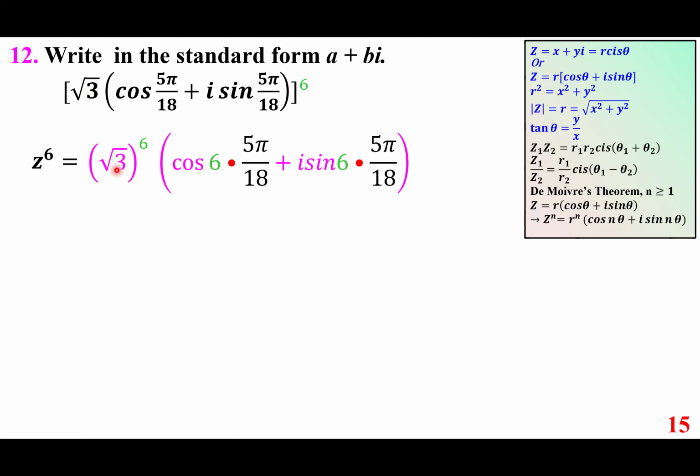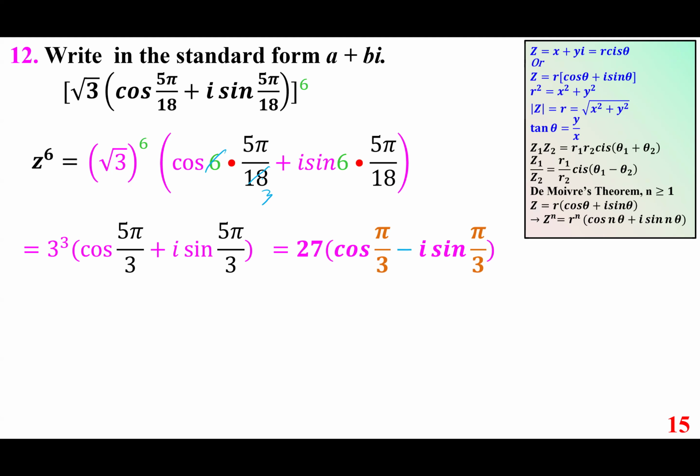Now, I hope you see that square root of 3 to the power of 6 means 3 to the power of 3. Therefore, we write 3 cubed cosine of 5 pi over 3 plus i sine of 5 pi over 3. As you know, 3 cubed is 27. And cosine of 5 pi over 3, everybody, is the same as cosine of pi over 3, and this one is minus sine of pi over 3.